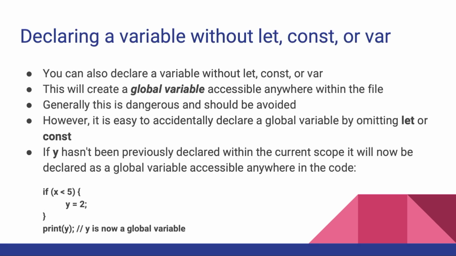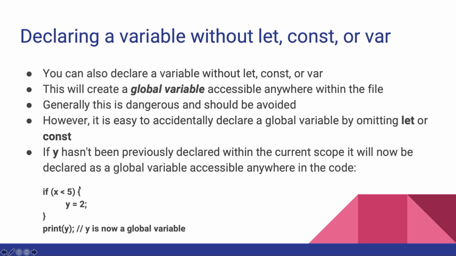Okay. If you declare a variable without a keyword at all, in this example, we've got x declared somewhere, if x is less than 5, and we've got this brand new thing, never before seen, y gets 2, well, you can still, it's like you've used var, except that the scope of it is not now the function, it's a completely new, totally global variable.